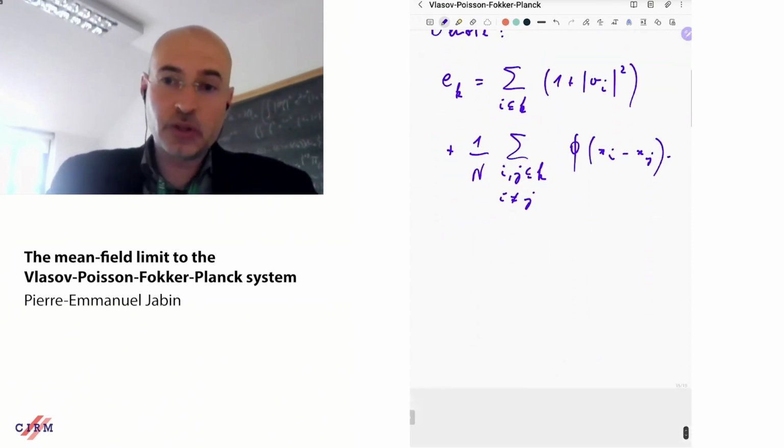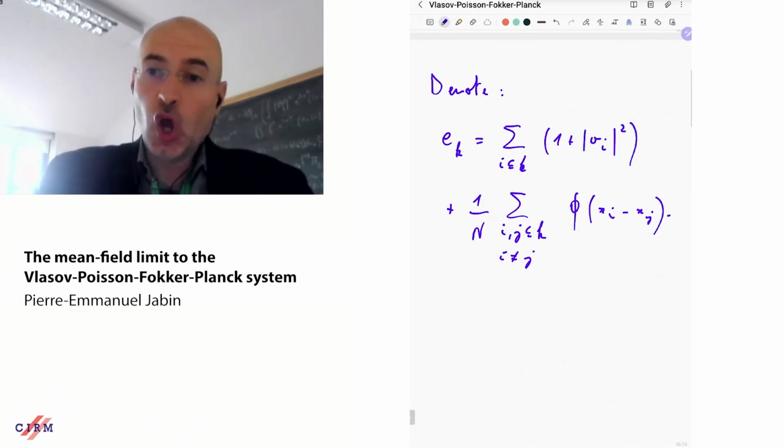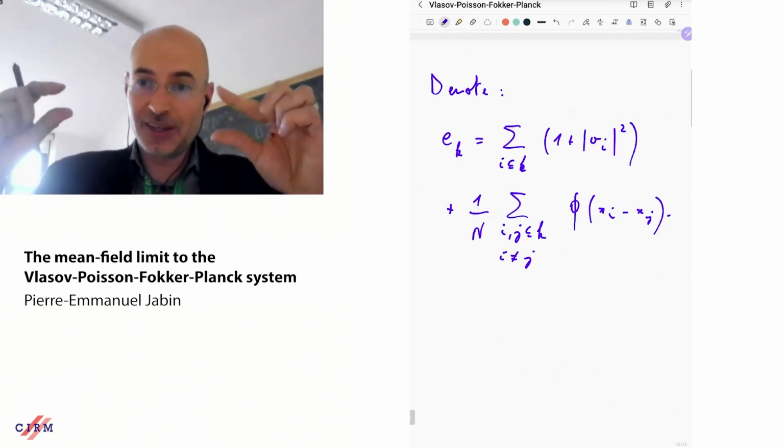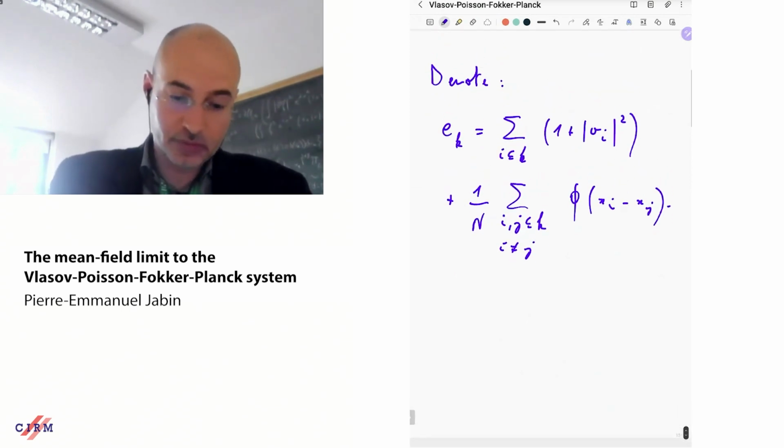And why am I doing all this? I am doing all this because the dynamics on the reduced system, so the dynamics of the first part of the BBGKY hierarchy, propagates this.